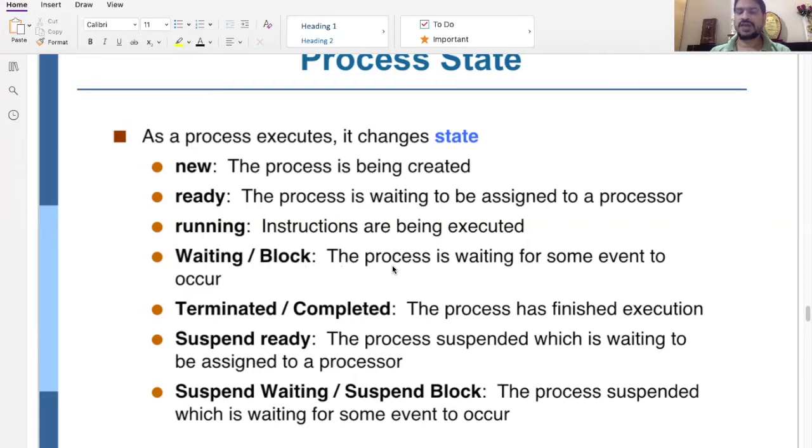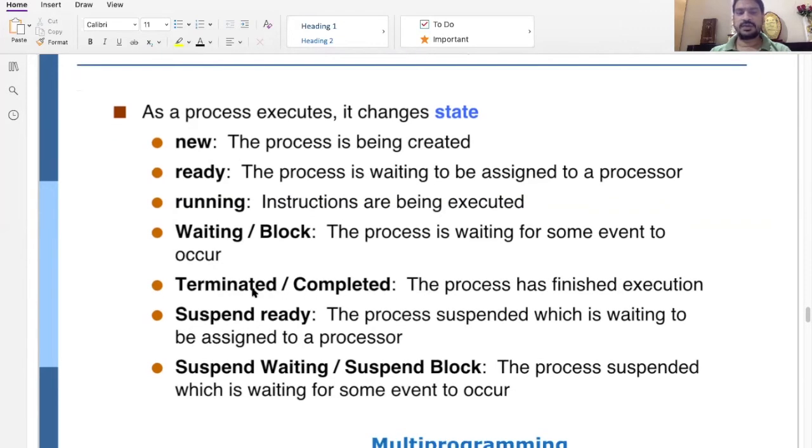When the CPU executes the instructions of a process, sometimes it realizes that the process requires some IO operations. So the process is sent to the waiting state or the block state, where it does its IO processing. Okay, IO related processing, input output related processing.